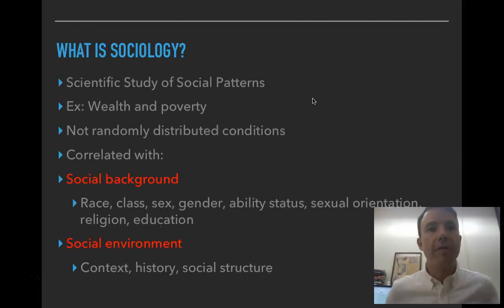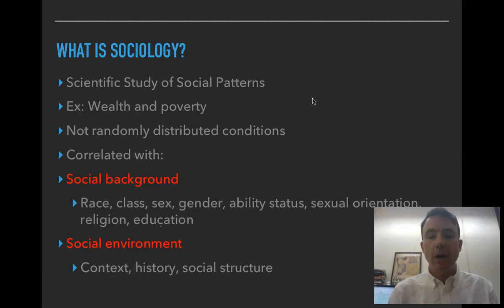So first off, sociology is probably best described as the scientific study of social patterns. Essentially, sociologists are engaged in applying empirical frameworks and analyses to society, and particularly focusing on the connection between social structure and the individual.